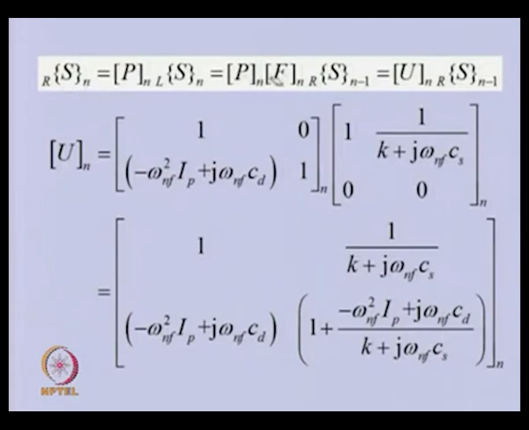This P into F is the transfer matrix, which relates the right of n minus 1 disk to the right of nth disk, and we get it by multiplying P with F, and this is its form. You can see this is complex, but still the size is 2 by 2.